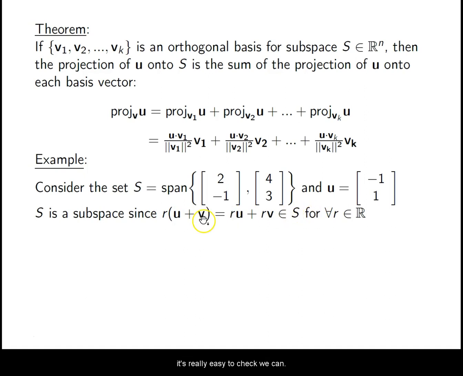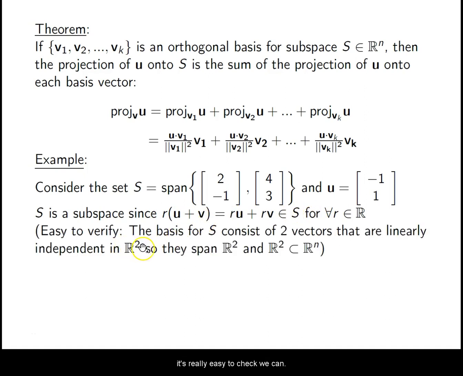It's really easy to check. We can also show that these are linearly independent. If I were to take the determinant, it would be non-zero. There are also two vectors, and both vectors have two components each, so they span R2.